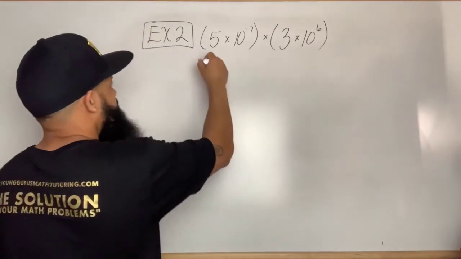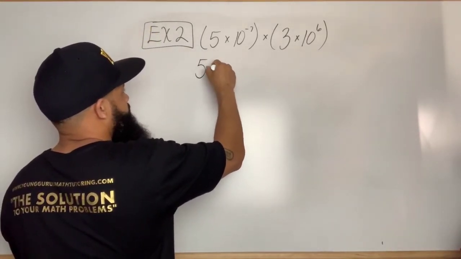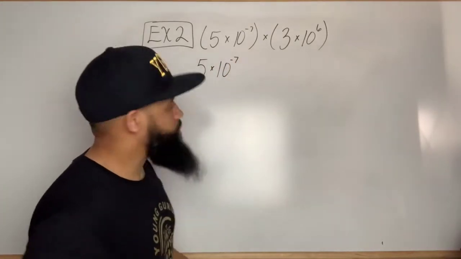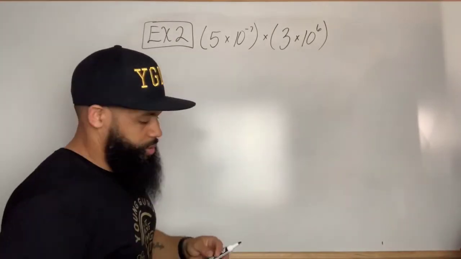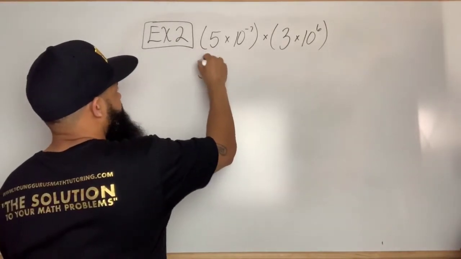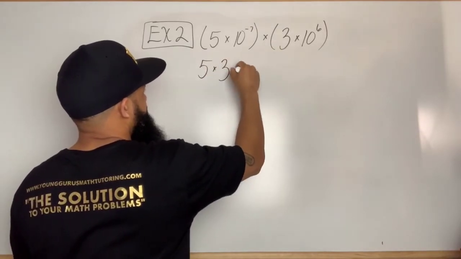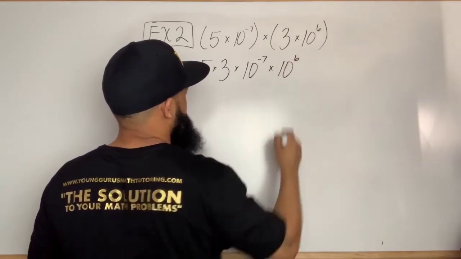So I'm going to say 5 times 3 times 10 to the negative 7 times 10 to the 6th power.